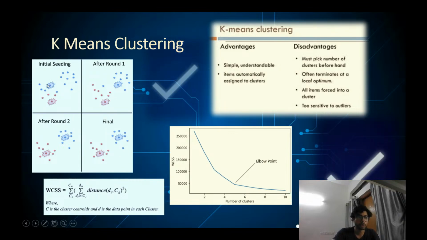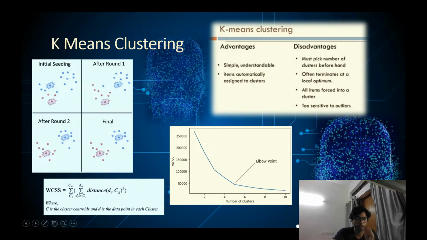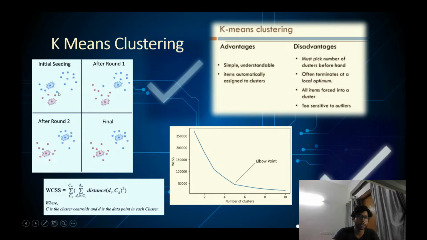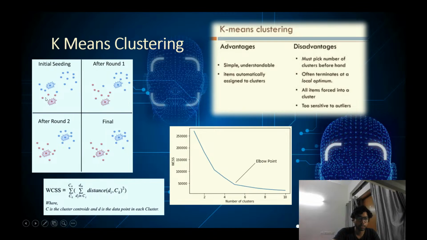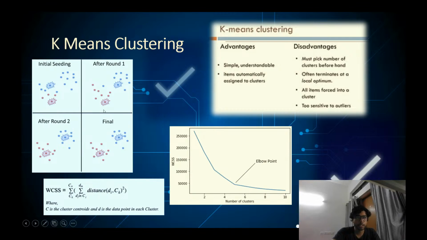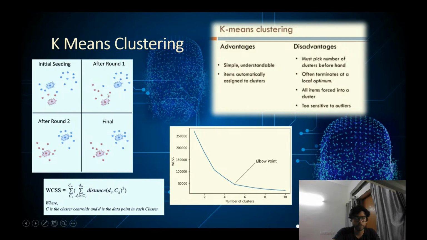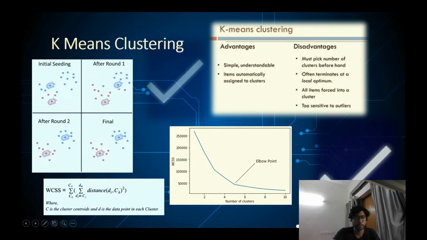So the centroid will move towards the right, and this point has moved a little bit towards this side because we have a higher density on this side. And then we update the cluster position, and then again we check which points are closer to this cluster than this cluster. We assign them as red, and whichever points are closer to the other, as blue.